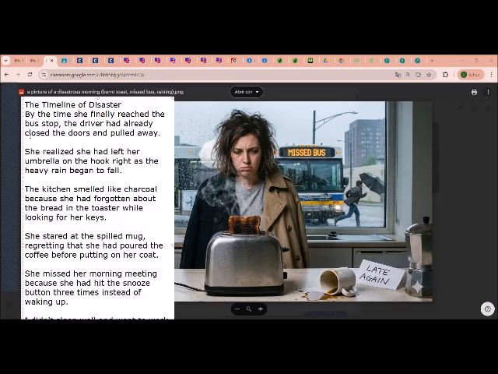What happened first? Read for us. By the time she finally reached the bus stop, the driver had already closed the door and pulled away.